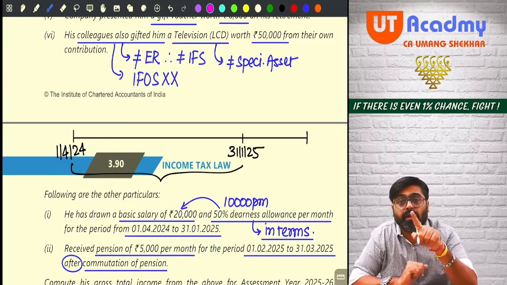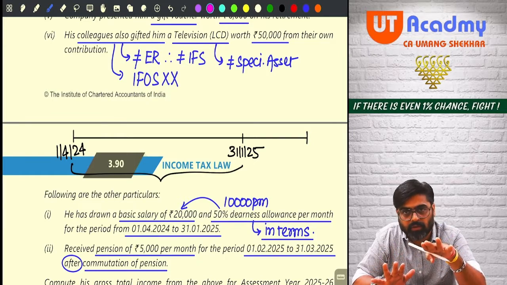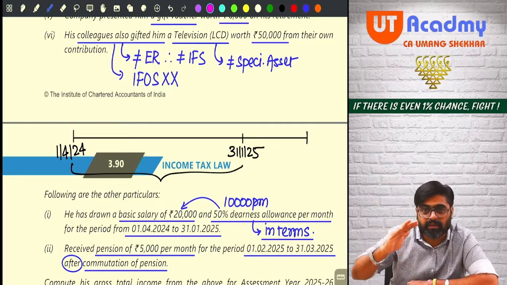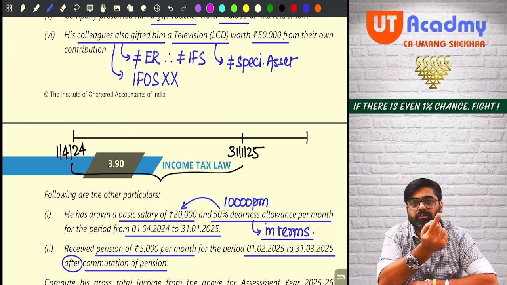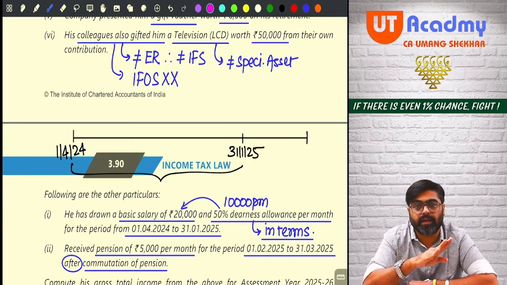Number one, he is getting a gift voucher of rupees 6,000 from the employer. That 6,000 gift voucher is a perquisite. First we are charging basic, then DA, then we are charging perquisites. Out of the perquisites, one perquisite is a gift. Gift in cash or gift in kind? Gift in kind.